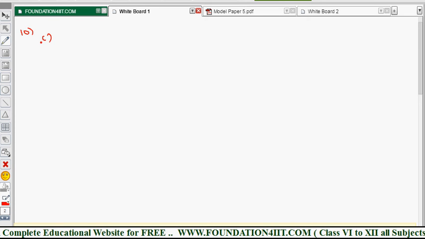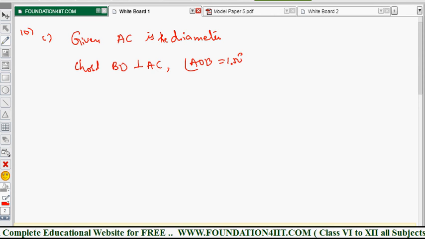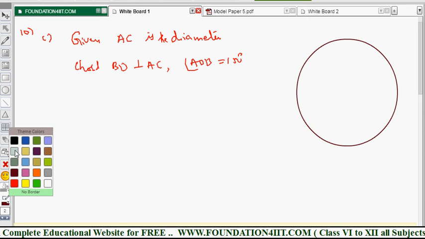So given AC is the diameter, and one chord BD is perpendicular to AC. Also given angle AOB is equal to 150 degrees, right? So in the circle, four lines.